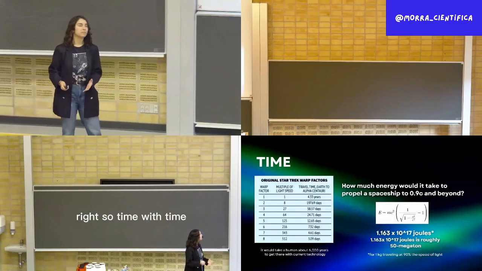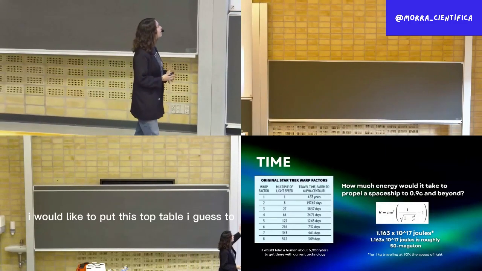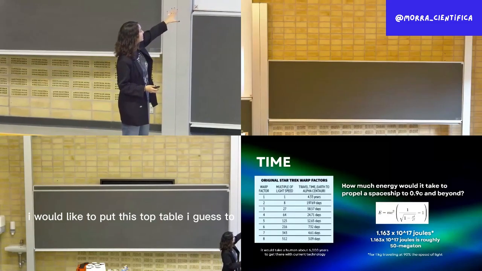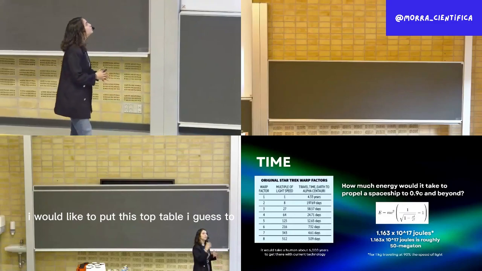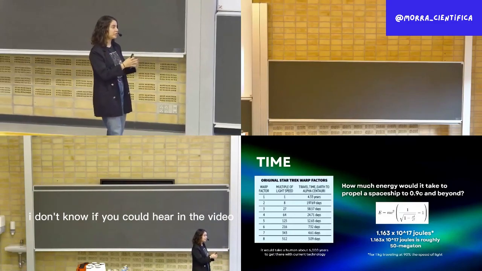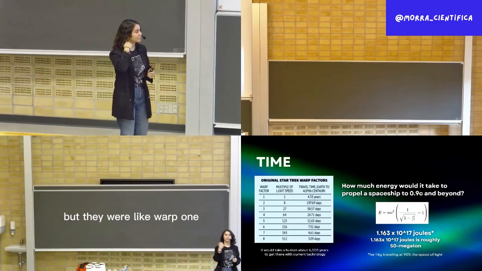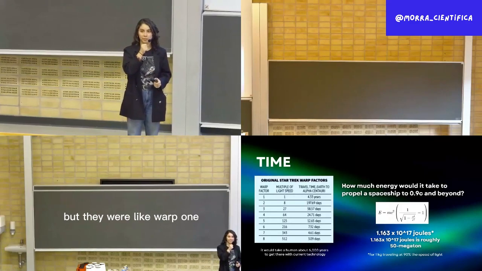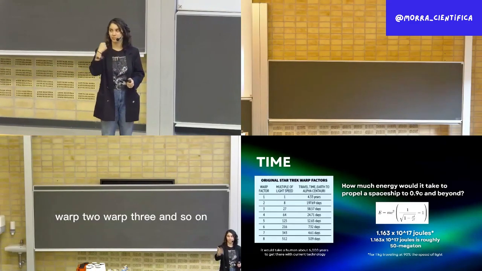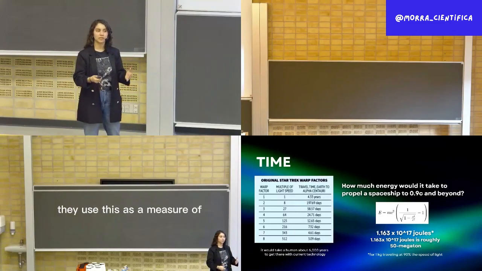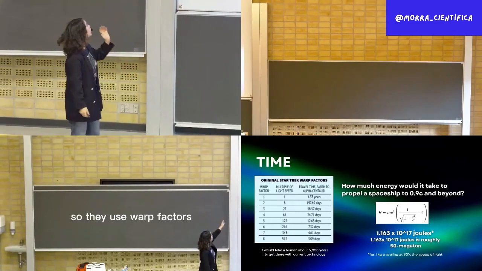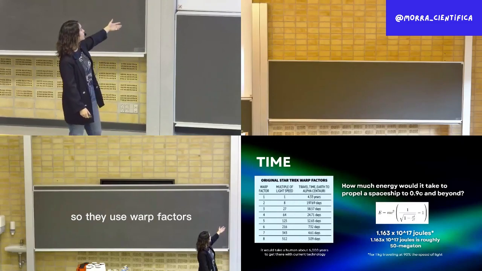So, time. With time, I would like to put this table here. I don't know if you could hear in the video, we had some technical issues, but they were like warp 1, warp 2, warp 3, and so on. In Star Trek, they use this as a measure of speed, so they use warp factors.